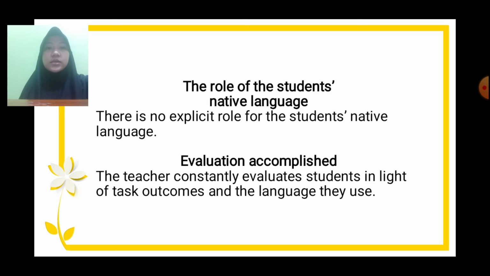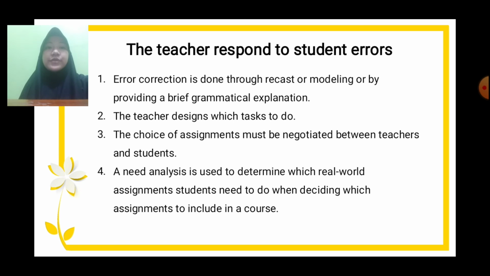Okay, next. The teacher responds to student errors. Number 1. Error correction is done through recasts or modeling or by providing a brief grammatical explanation. Number 2. The teacher decides which task to do.